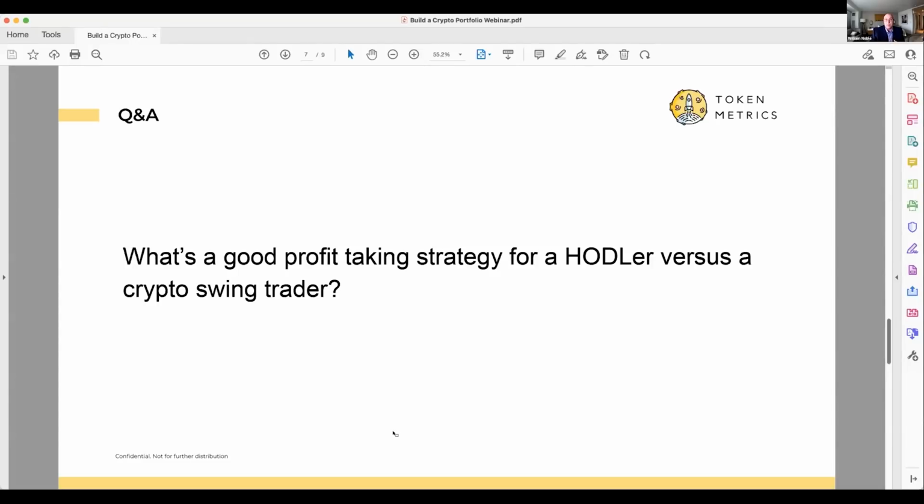But I think the difference is, a short-term swing trader will buy $10,000 worth of crypto, and then when it gets to the top, sell 10,000. A hodler will have 10,000 in crypto, and when it gets to a euphoric state, that person will only sell, say, 5,000.